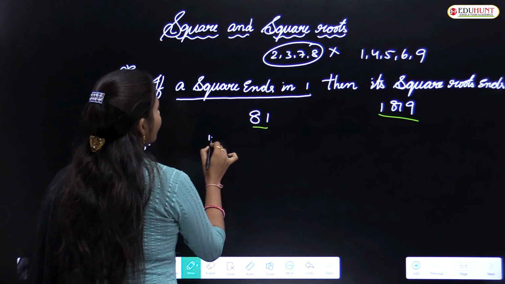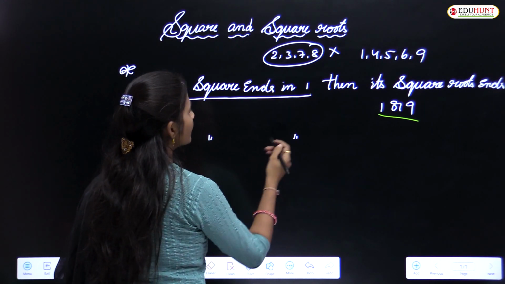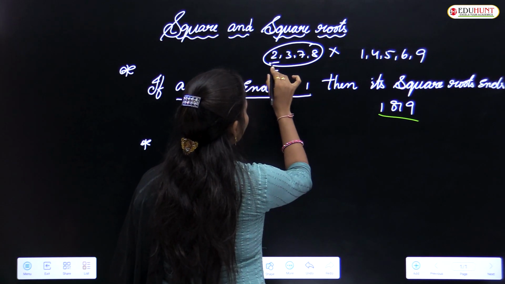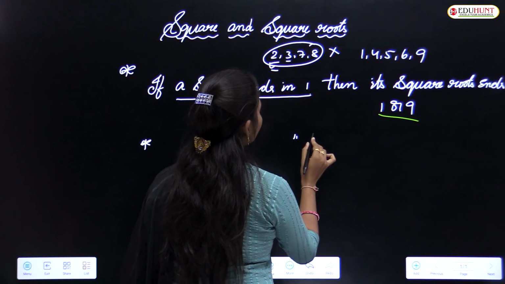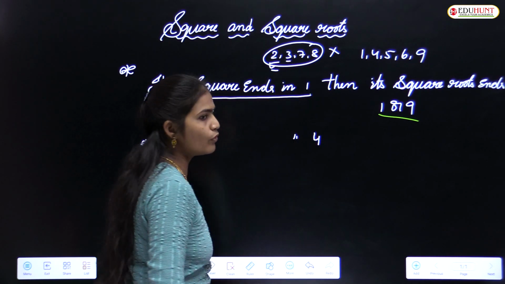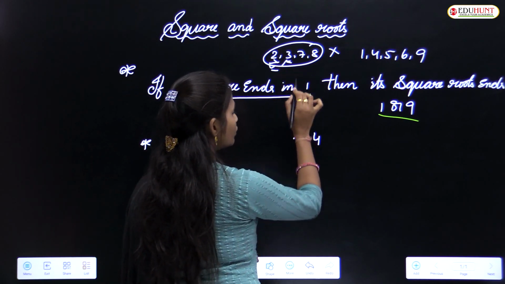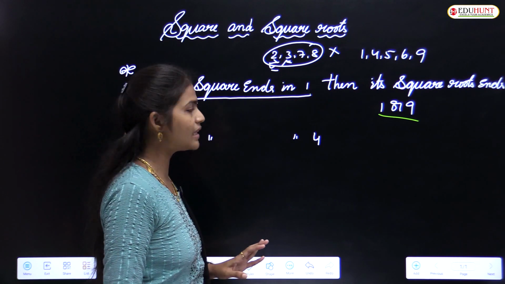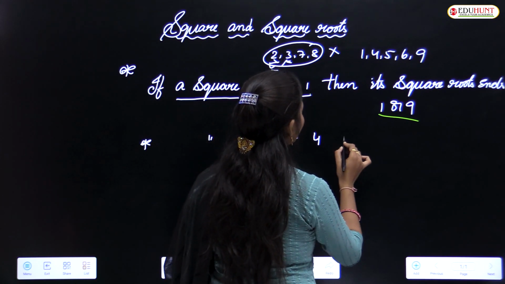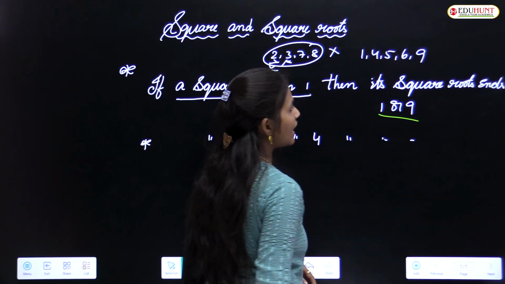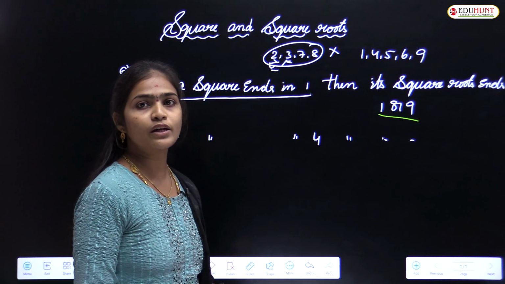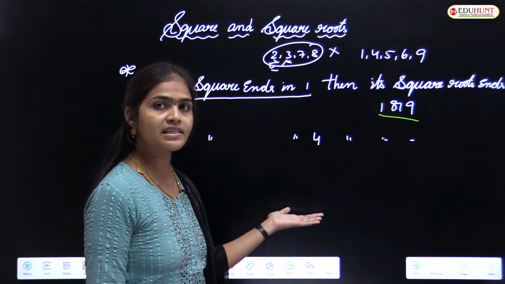If a square ends in 4, because it should not end in 2 or 3. So 1 is completed, 2 and 3 should not be in a square number, so next we go for 4. Then its square root ends in, how many possibilities are there?